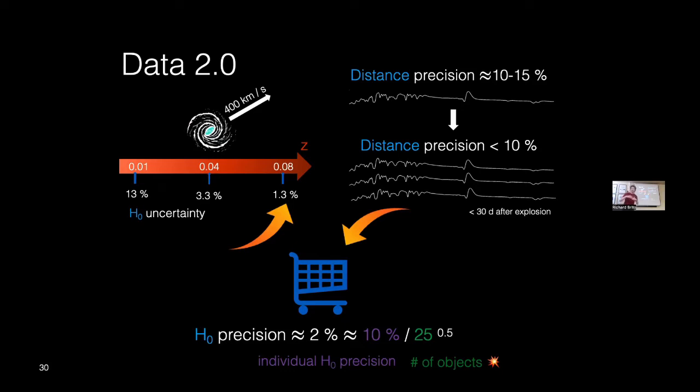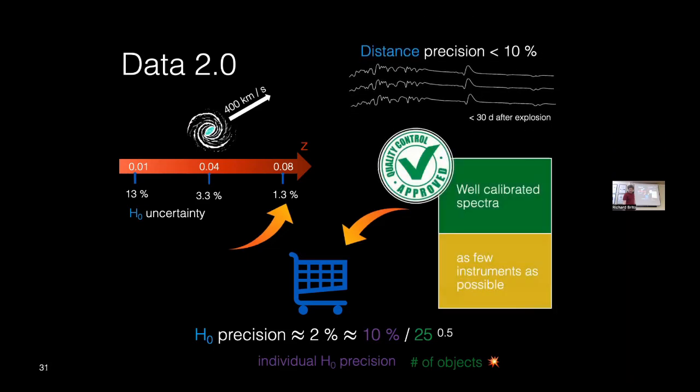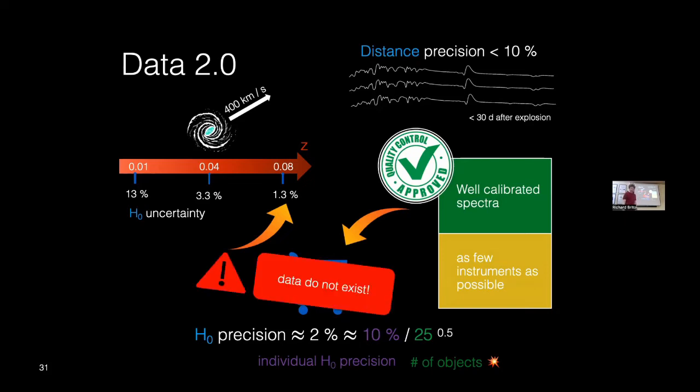Because that's also the phase where the method of the radiative transfer modeling works best. And spectra have to be well calibrated, and ideally you have just one instrument so that you don't have the problem that you have to sufficiently well characterize a lot of different instruments. And in the literature, such data don't exist.